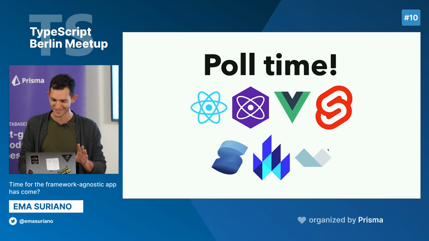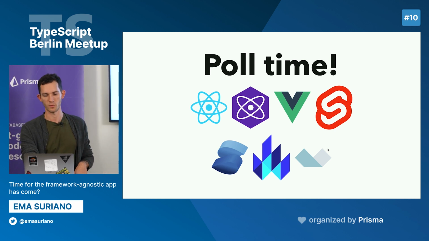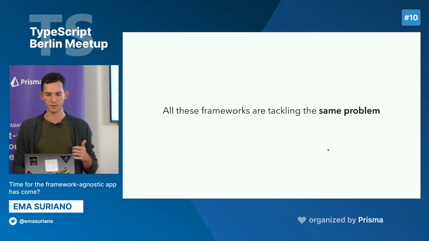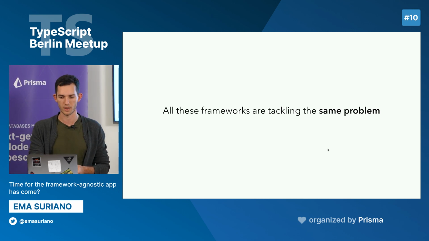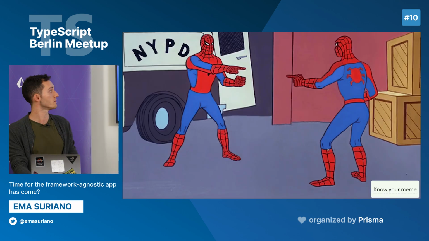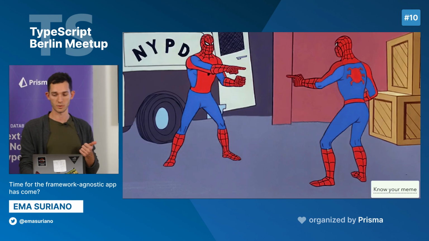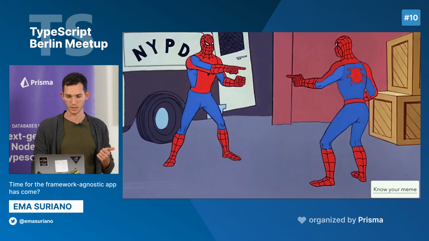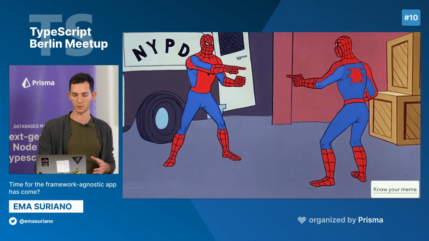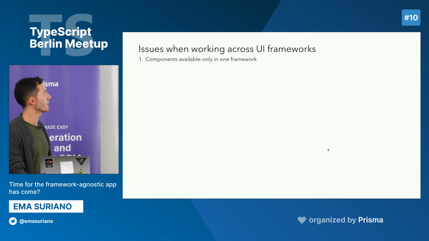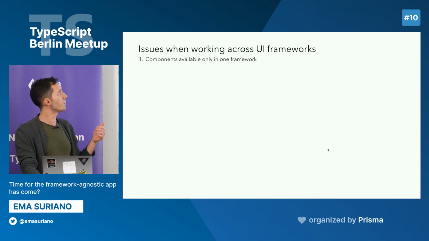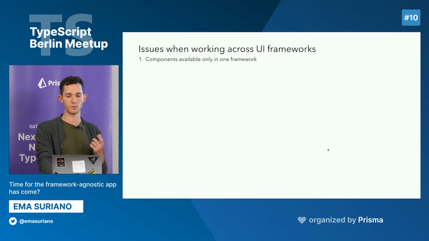Let's move on, sorry. But what I'm trying to say is that all these frameworks, if you think about it, are tackling the same problem. We are always trying to compose our UI. Something I see when working with different UI frameworks is that some components are only available under one framework.